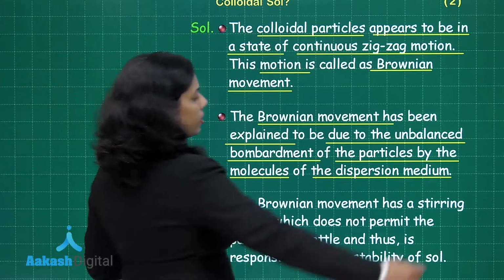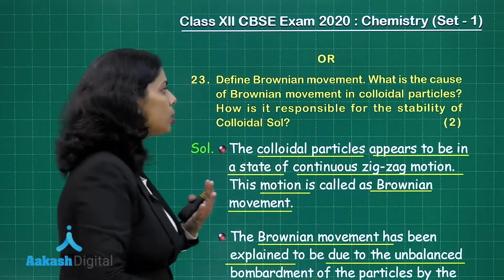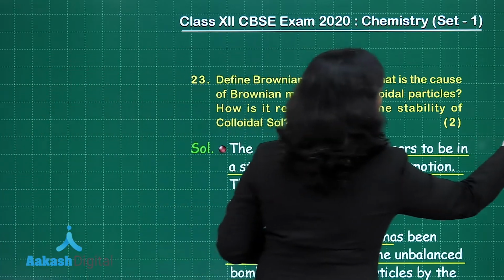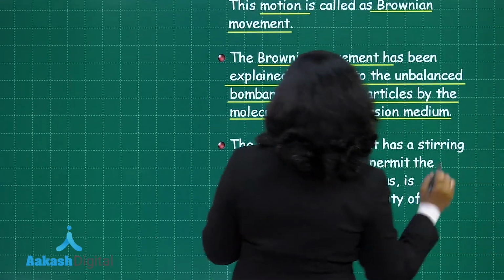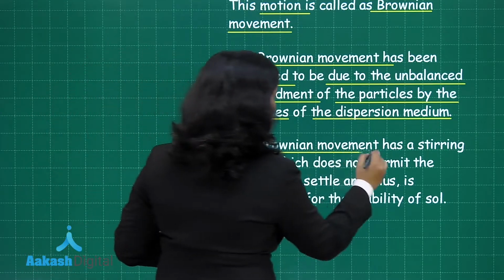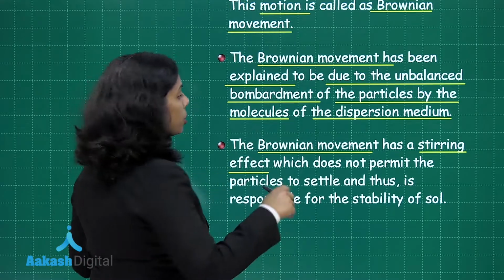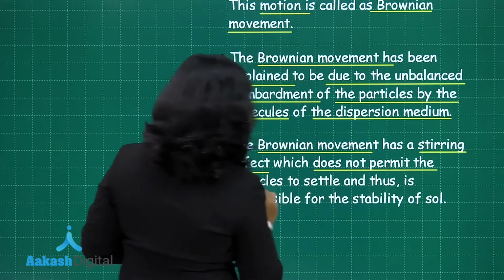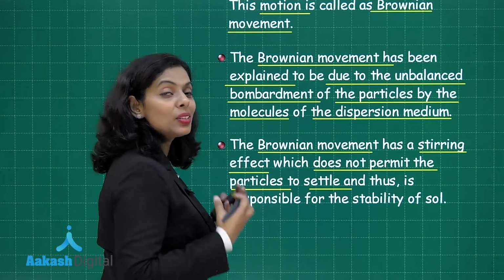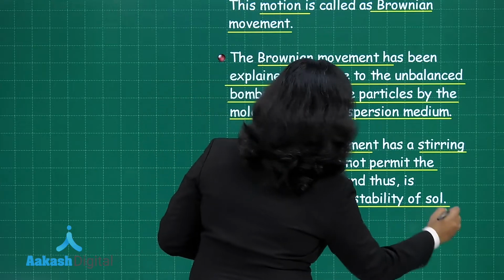The next part is asking how it is responsible for the stability of the colloidal sol. What is the role of Brownian motion in the stability of the sol? You can simply write that Brownian movement has a stirring effect which does not permit the particles to settle. And if particles are not settled, it means the colloid is stable. So very simple, that's why it is responsible for the stability of the sol.